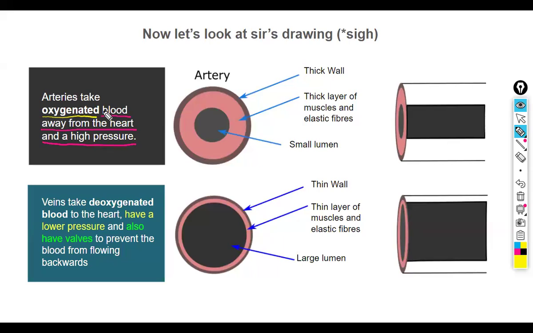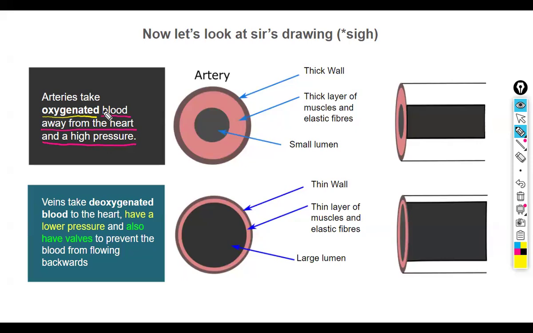Isn't there one artery that does not fit that description? There is one artery in the body that does not carry oxygenated blood away from the heart. It carries it away from the heart, but it's definitely not oxygenated, right? What's the name of that artery?